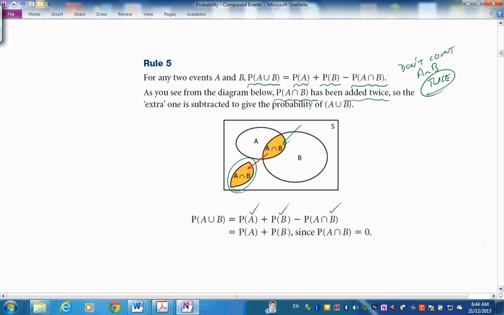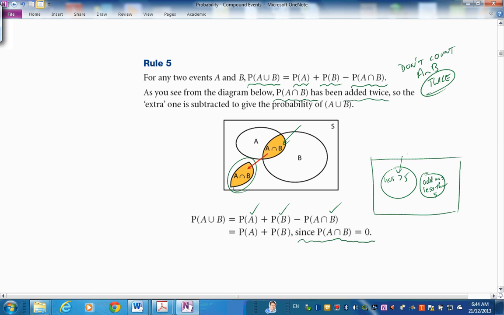Okay, now, if there's no intersection, right, they don't overlap, what would that look like? It would look like this. And this could be what? Odd numbers, what could we say here? Odd numbers less than 5 and numbers greater than 5.